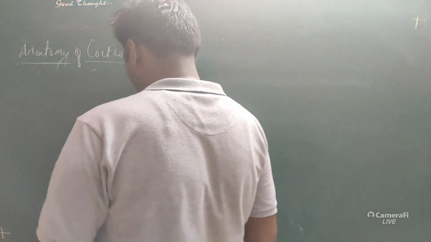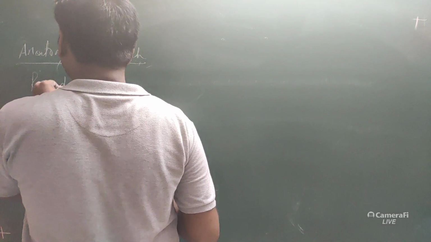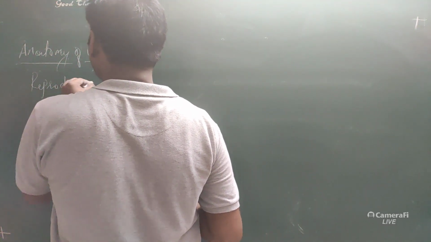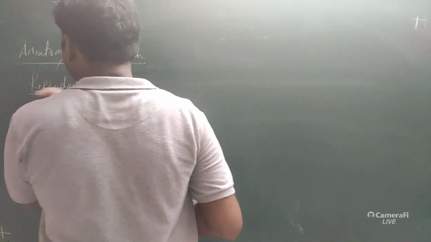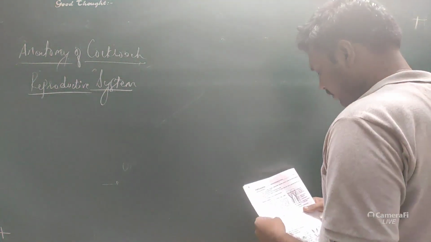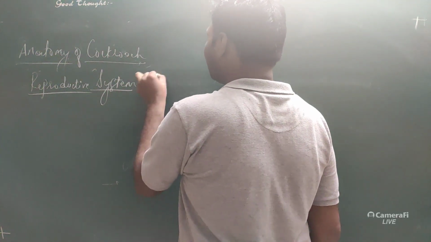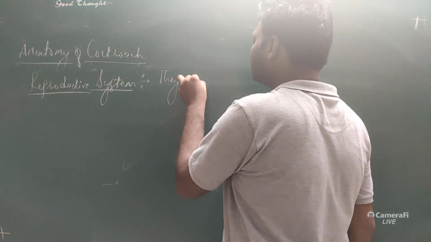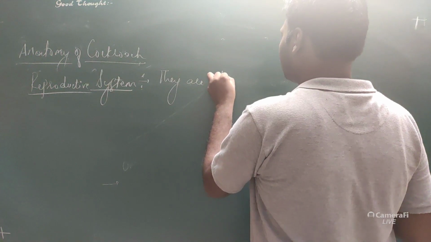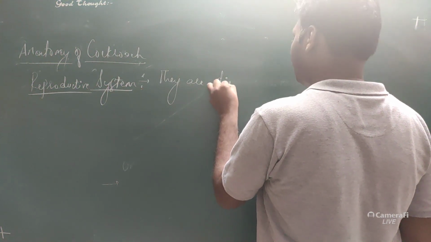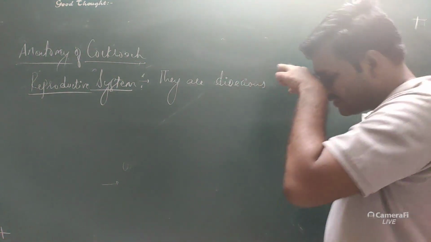Now another system is called the reproductive system. Let's see the general characteristic features of the reproductive system of cockroach. Monoecious and dioecious are the conditions.